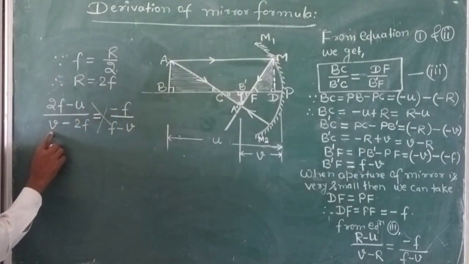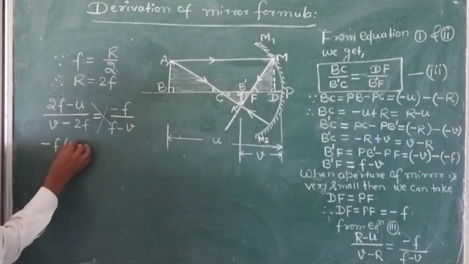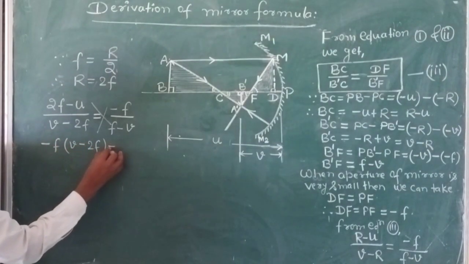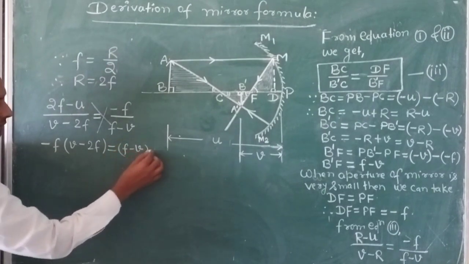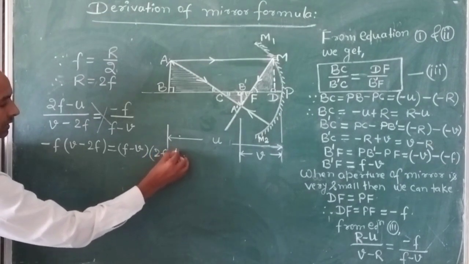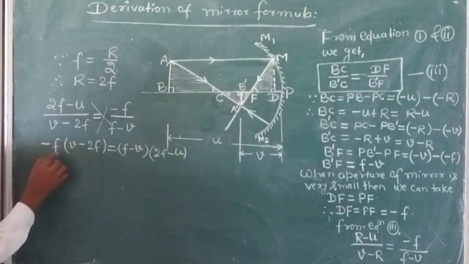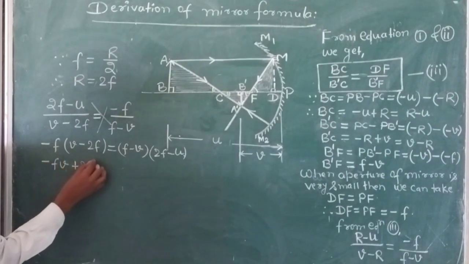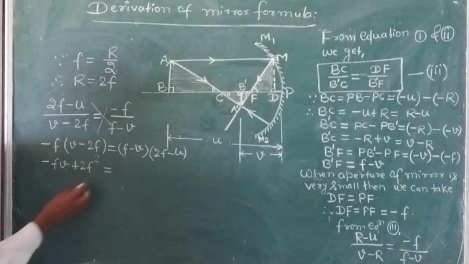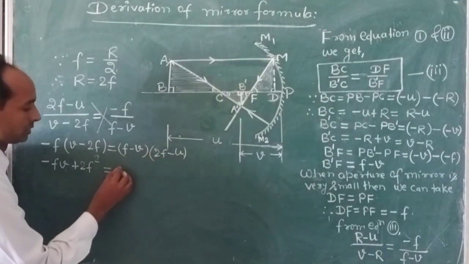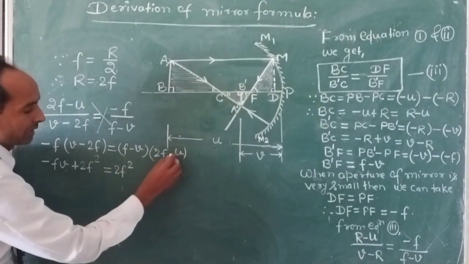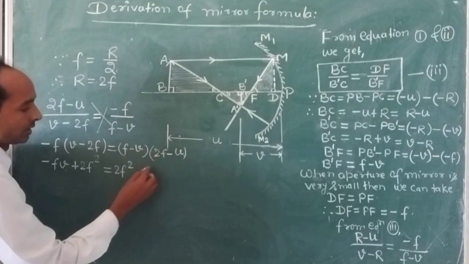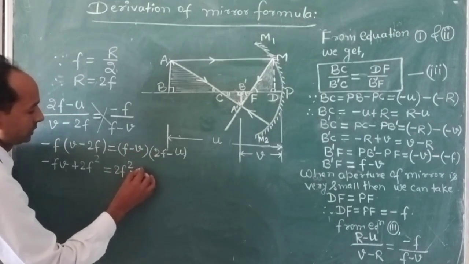Minus f multiplied by v minus 2f, equal to f minus v into 2f minus u. This will equal minus fv plus 2f square, and this will equal 2f square. f multiplied by minus u will become minus fu.